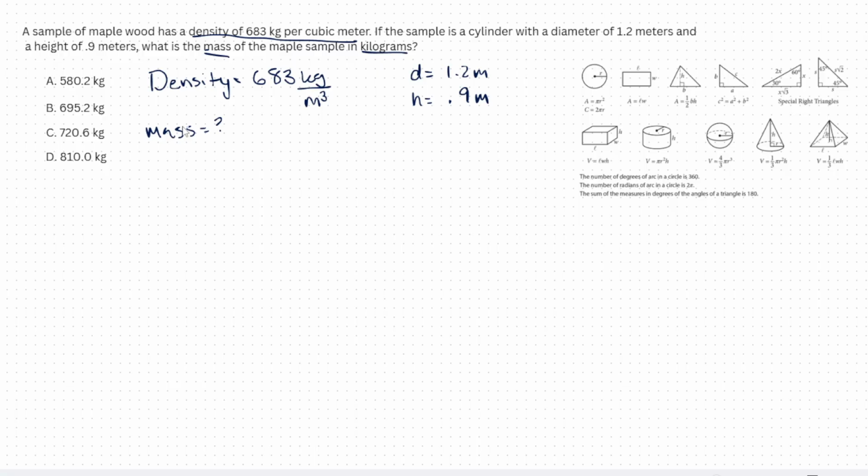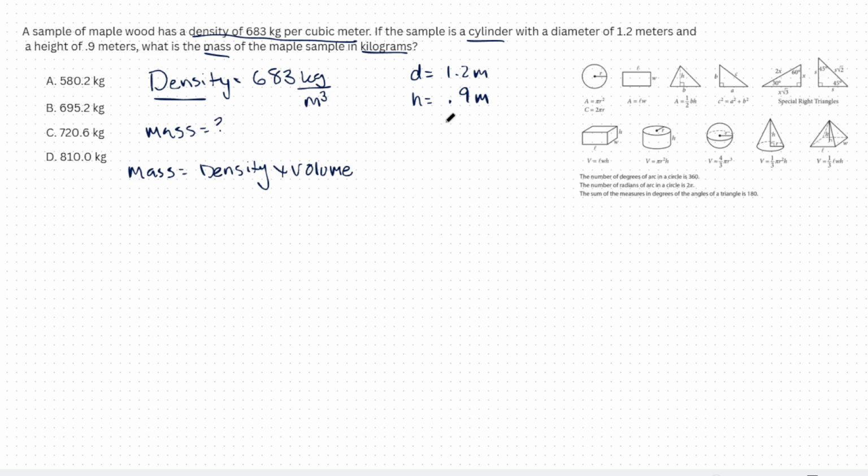Knowing that we have density given to us, and we have our diameter and our height of a cylinder, one of the formulas that you'll probably want to memorize for the SAT is our mass formula. Mass is equal to density times volume.